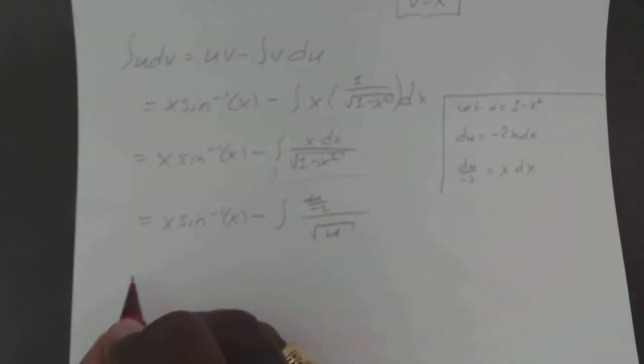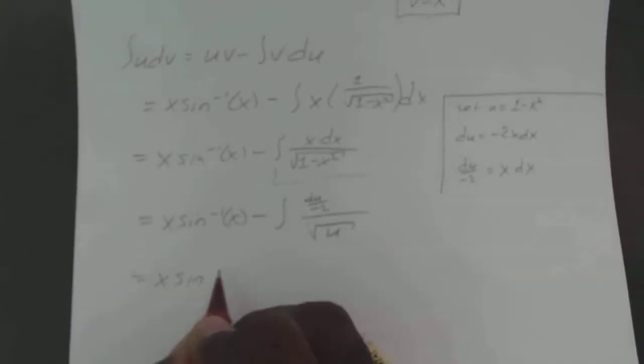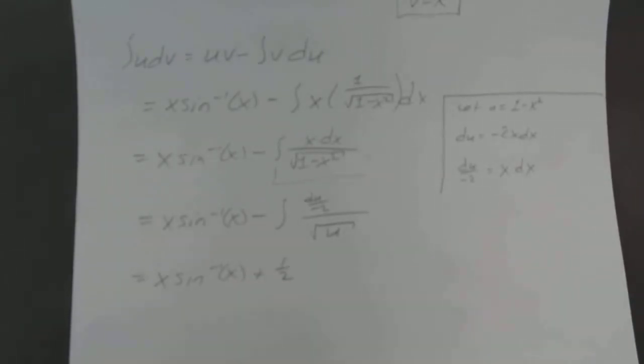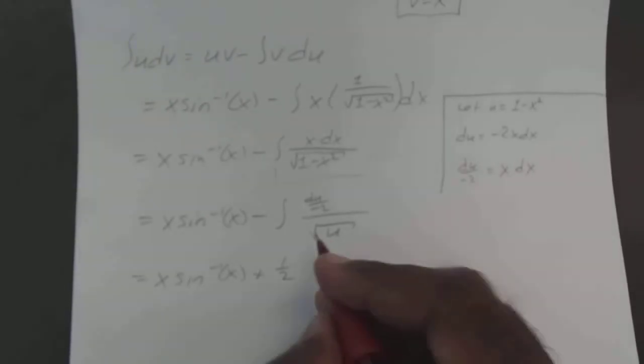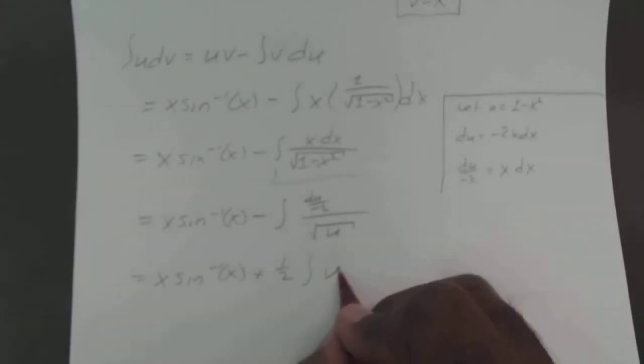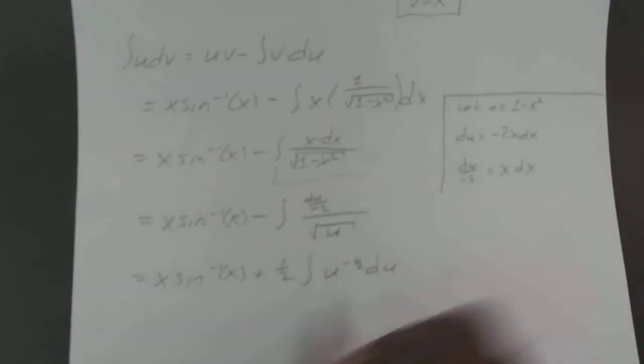Once we factor out that negative 1/2, it becomes plus 1/2 times the integral of u to the negative 1/2 du.